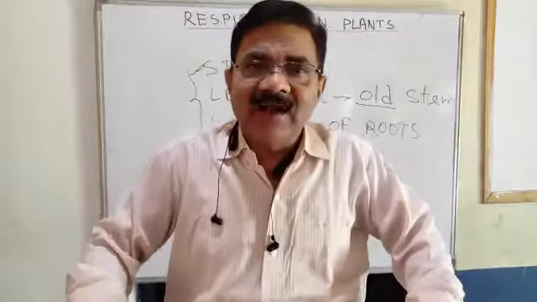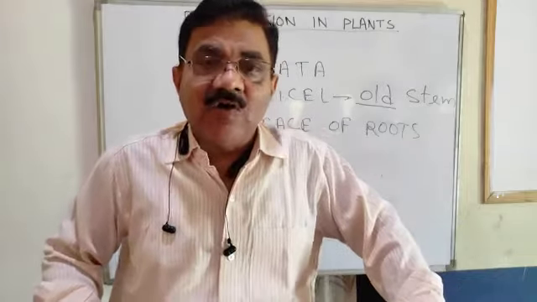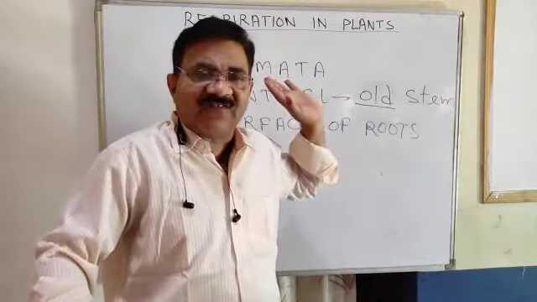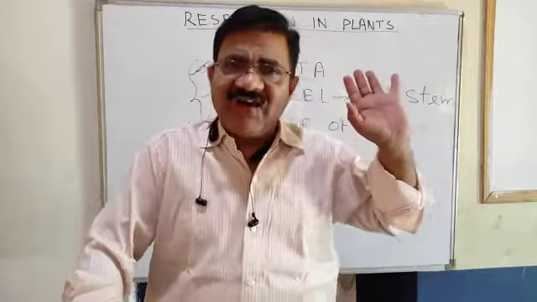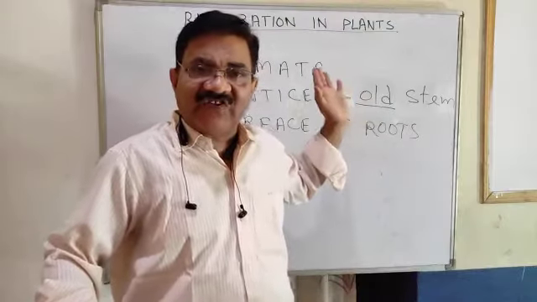Now, one difference between stomata and lenticels. On the basis of location, stomata are located on the surface of the leaves, lenticels on the old stem. Function is the same: gaseous exchange, transpiration.